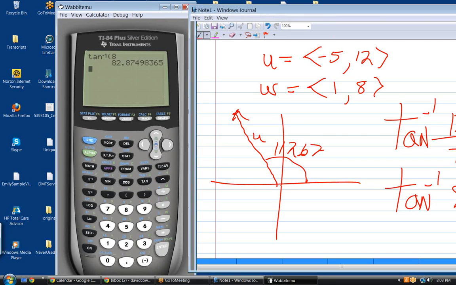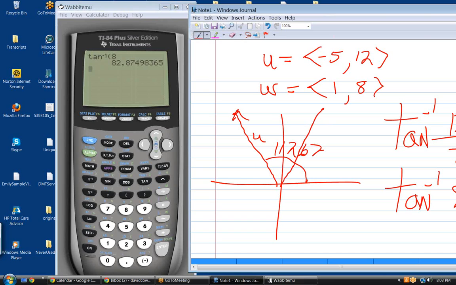82.87. So there's W, and this angle is 82.87. So what's the angle between them? Looks like 29.75. Yeah.